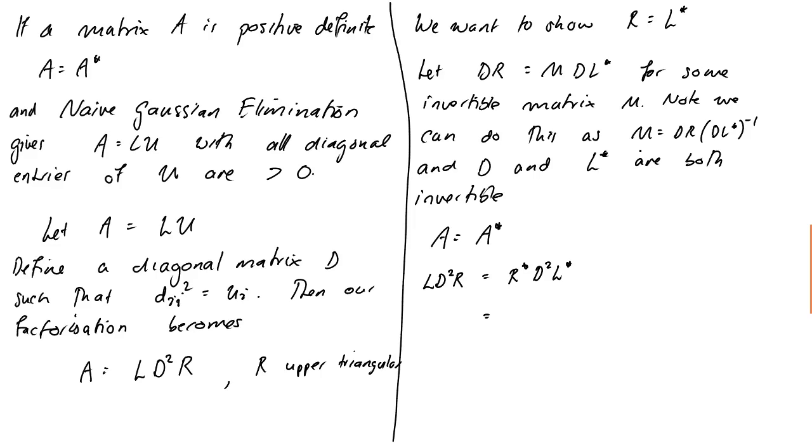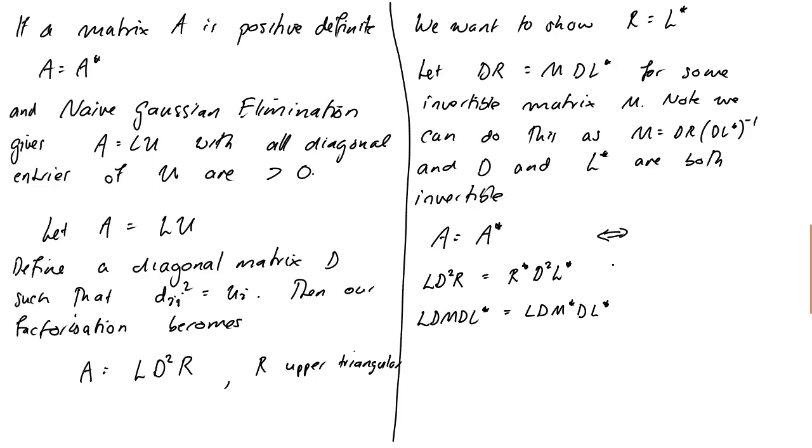If I plug in DR equals M D L star, I get L D M D L star is equal to, just taking the conjugate transpose of this, L D M star D L star.